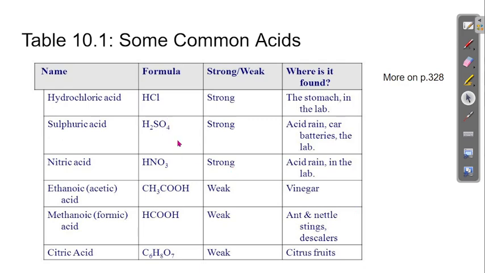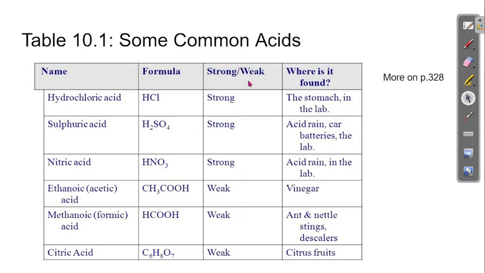Hydrochloric acid, sulfuric acid, nitric acid, ethanoic or acetic acid, methanoic or formic acid, and citric acid. So this one had the hydrogen, this had two hydrogens, this had a hydrogen to give, this one was one of the exceptions that did not start with a hydrogen. It has hydrogens to give, but it's not at the beginning. This one it does, and this one it has it in the middle. Okay?